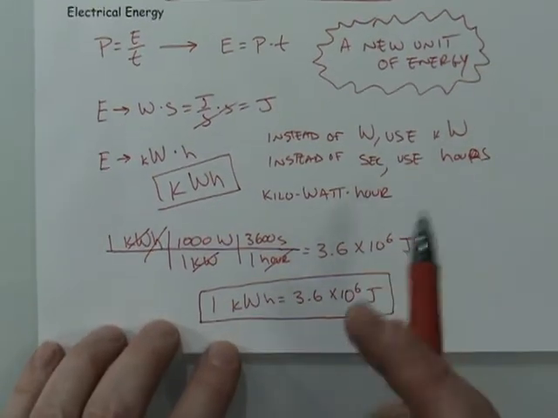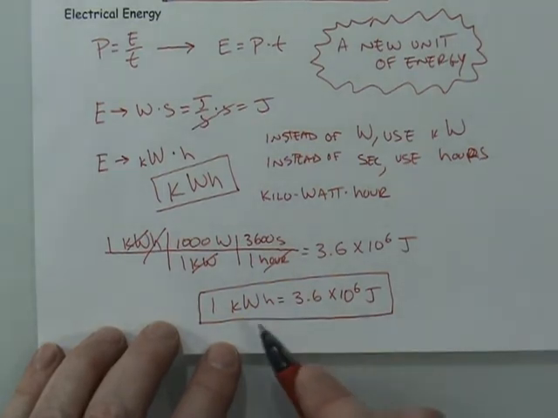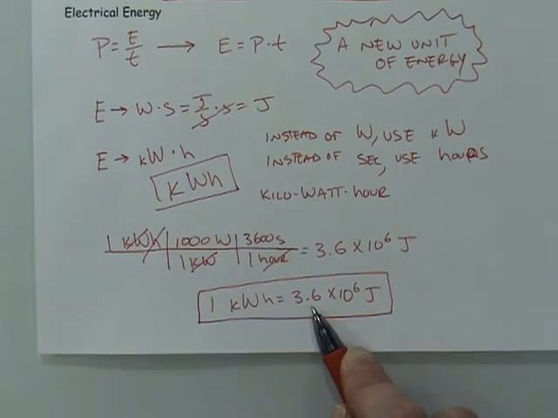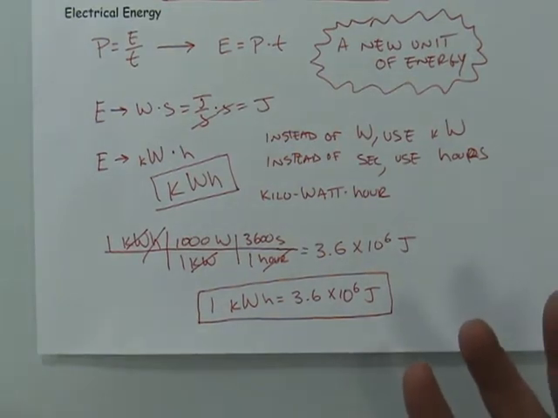So just think about that. That month where my house used 1,000 kilowatt hours, I used 3.6 billion joules of energy just in that month alone from the electric company. And they only charged me about $100 for that, almost 4 billion joules worth of energy.